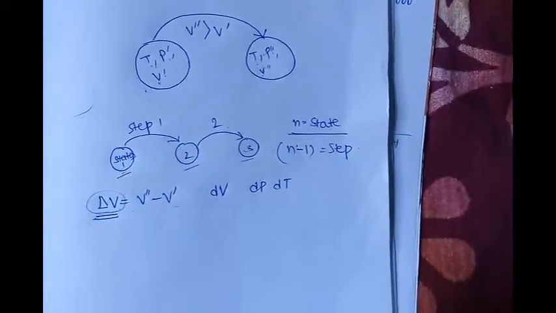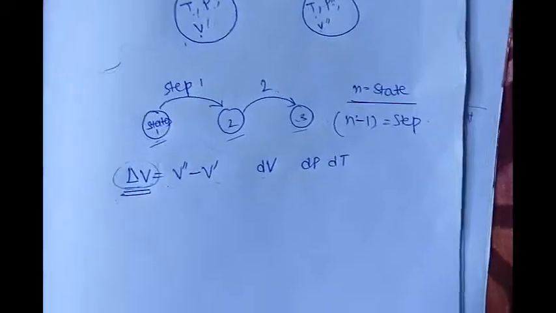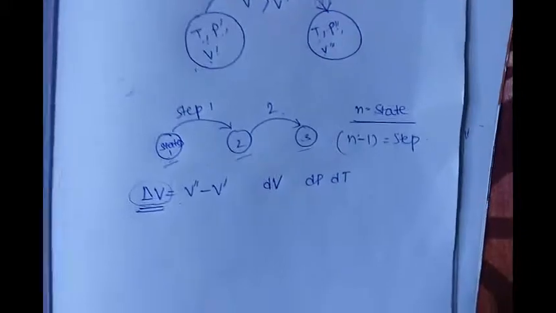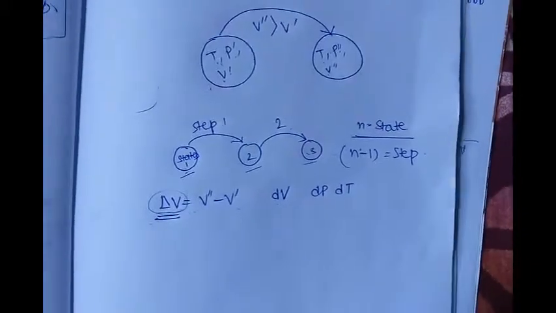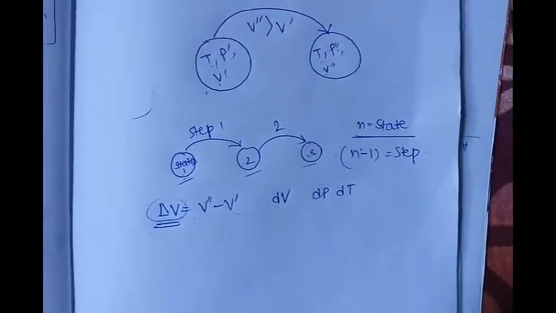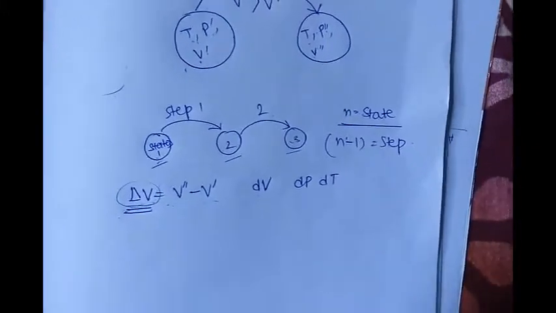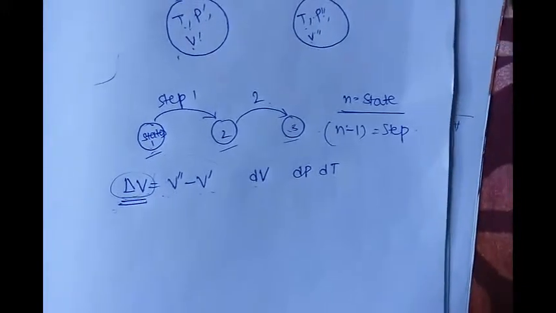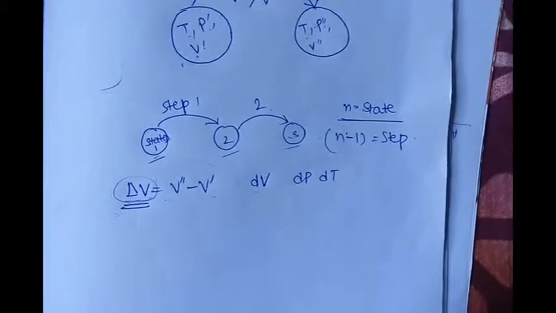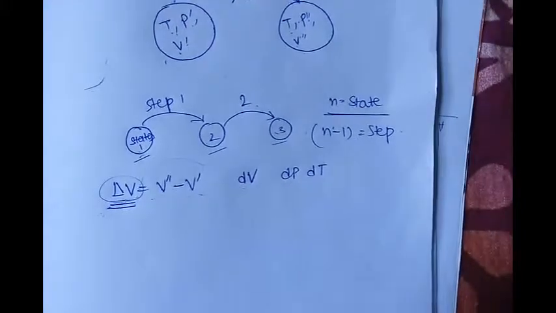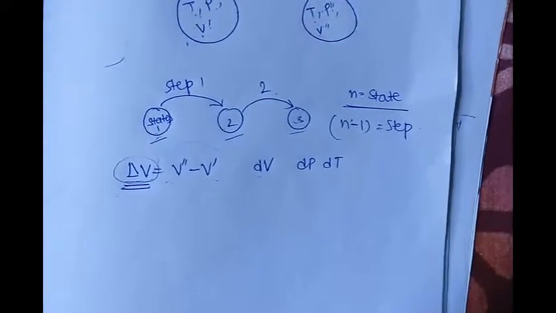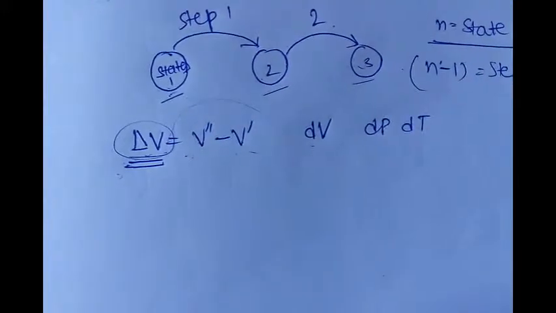Now in a true reversible process, what I said is that in a reversible process the equilibrium condition will be maintained between every state. In case of a reversible reaction, the reaction can be easily reversed, and here an infinite number of steps are involved.